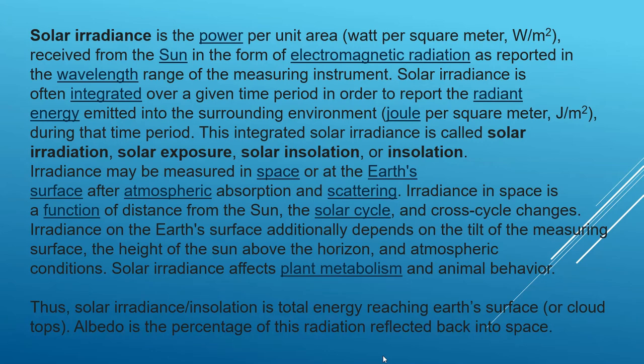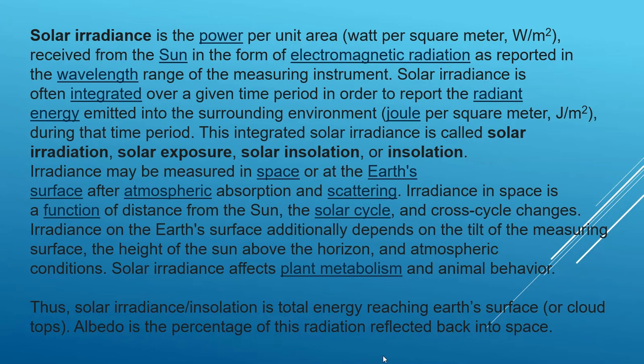Irradiance may be measured in space or at the Earth's surface after atmospheric absorption and scattering. Irradiance in space is a function of distance from the sun, the solar cycle, and cross-cycle changes. Irradiance on the Earth's surface additionally depends on the tilt of the measuring surface, because the Earth's axis is at a tilt of approximately 23.5 to 24.5 or so degrees, the height of the sun above the horizon, which relates to time of year, and atmospheric conditions.